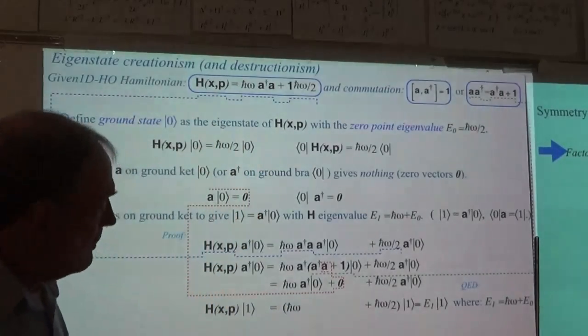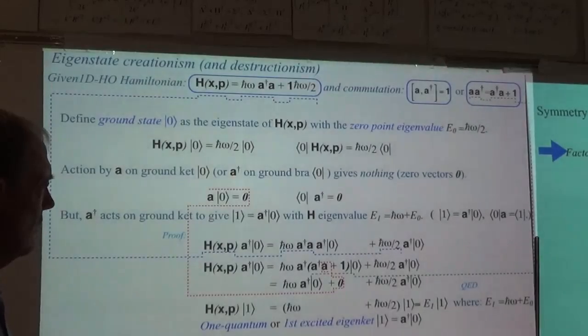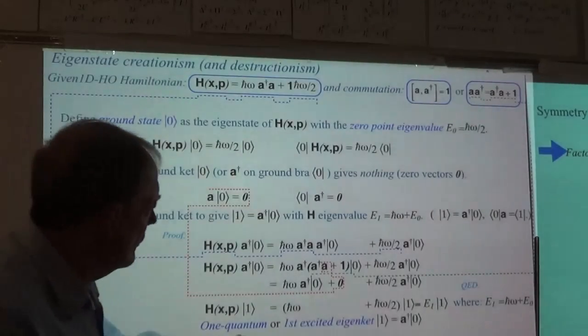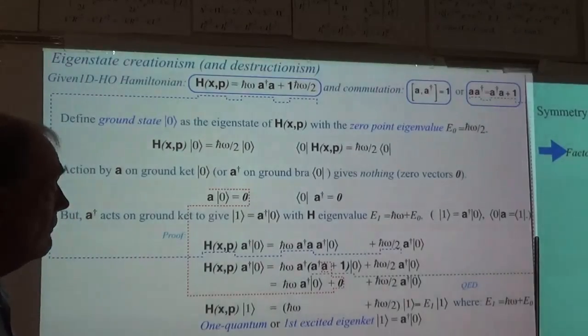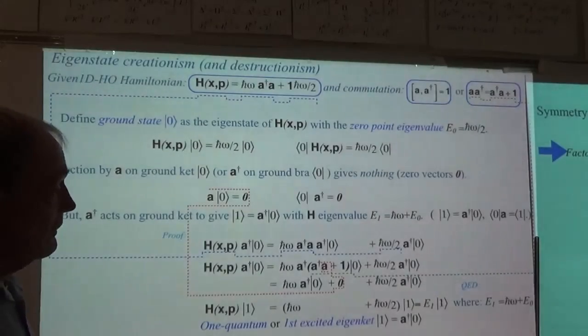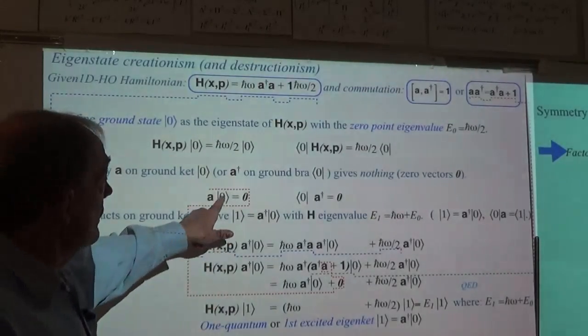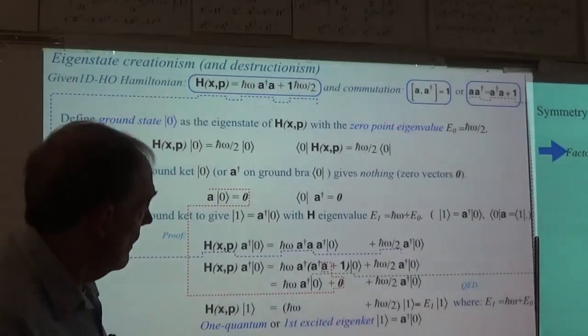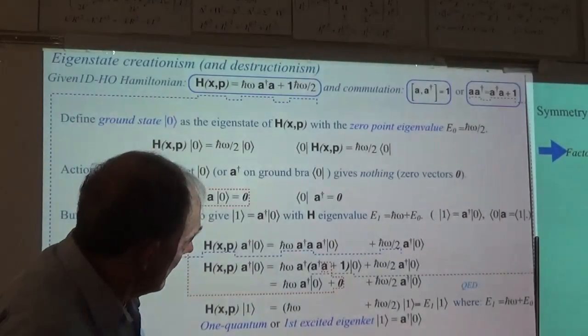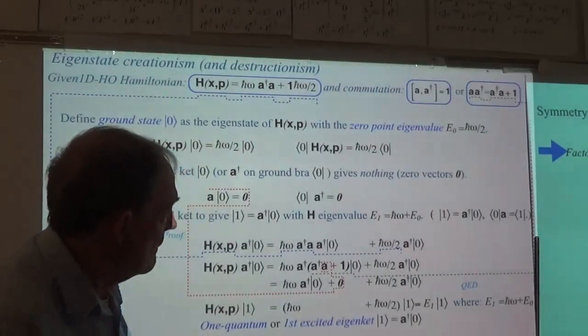Now, at this point we wonder, is this really going to go? This thing right here, is this going to be a state that we can actually have? Well, yeah, it is, but we would also like to know what was the wave function for the state that we started with here that had this axiom that you can't get anything from an operator A on the 0.